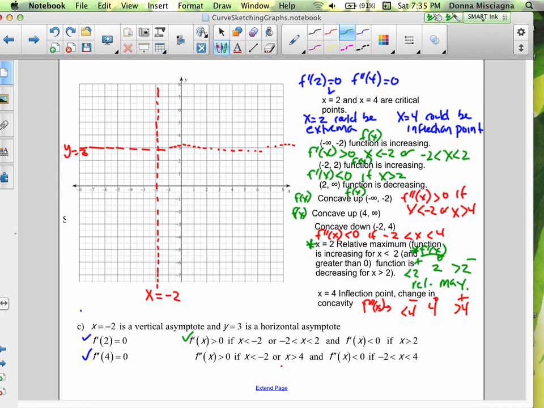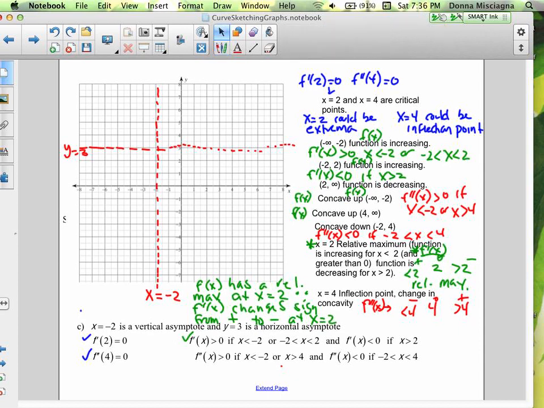So f of x has a relative max at x equals 2 because f prime of x changes sign from positive to negative at x equals 2.